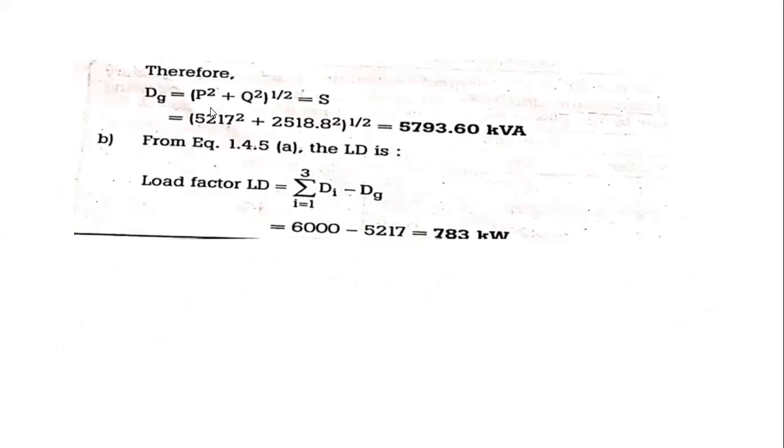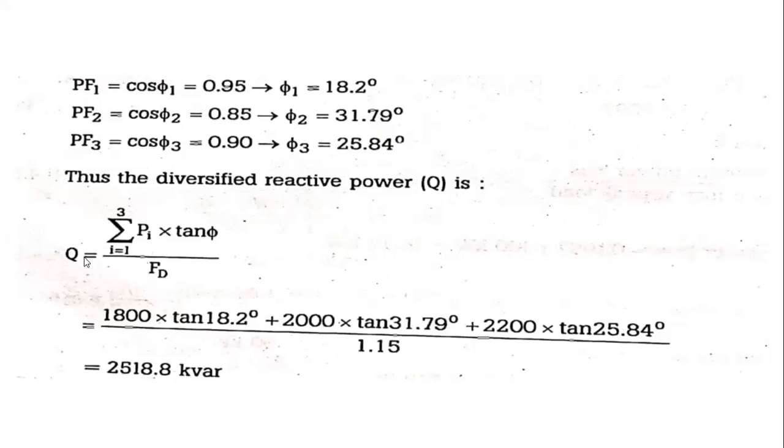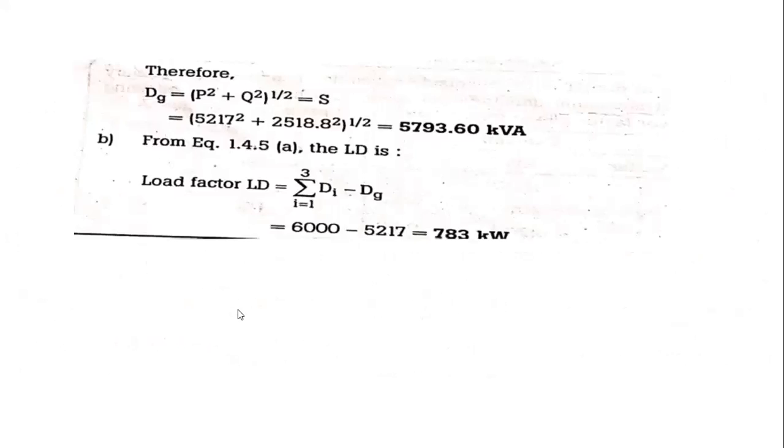Then substitute that P value and then Q. Q is the reactive power. What is that formula? Sigma i equal to 1 to 3 Pi into tan phi by Fd. Fd is the diversity factor. We substitute that Q value in this formula, that is square root of P square plus Q square.